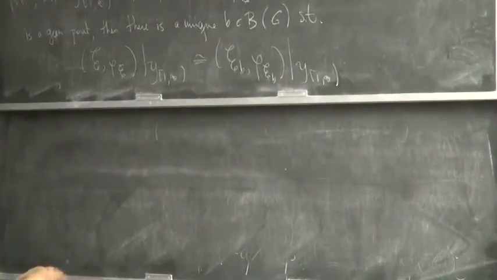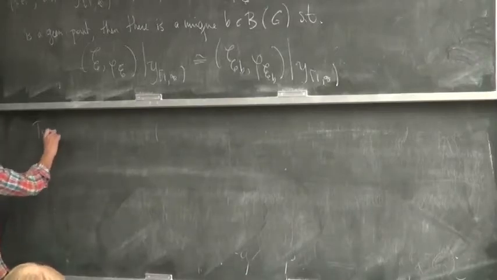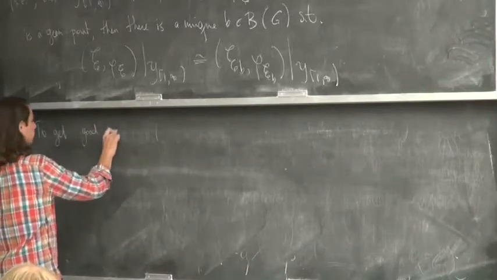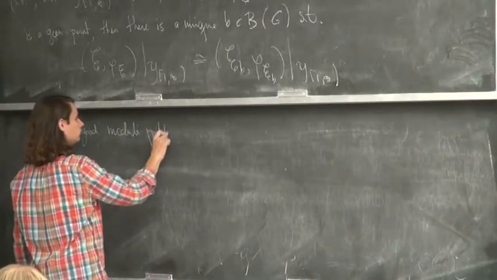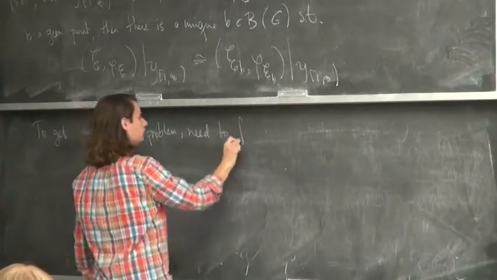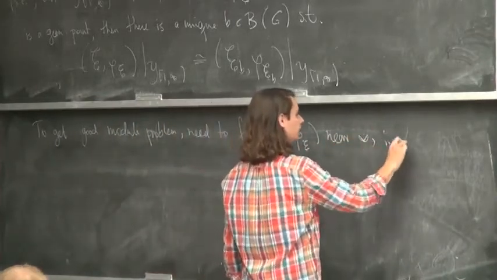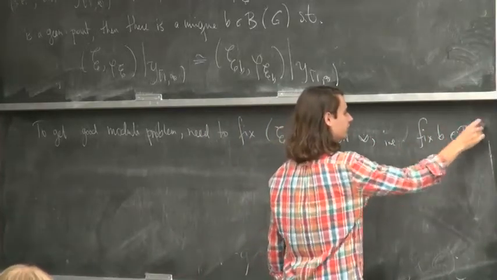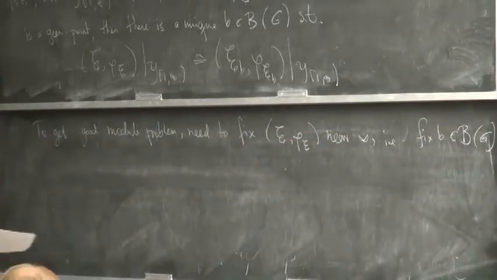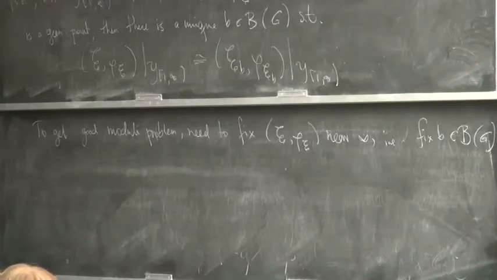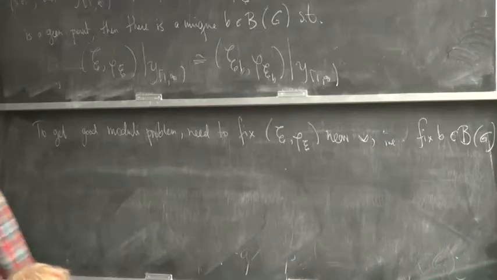And so, to get a good moduli problem, you should somehow fix what this is near infinity, i.e., you need to fix the sigma-conjugacy class b in B of G. So that explains the role of the b.